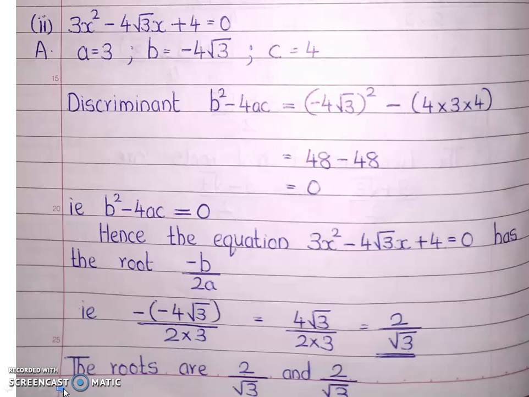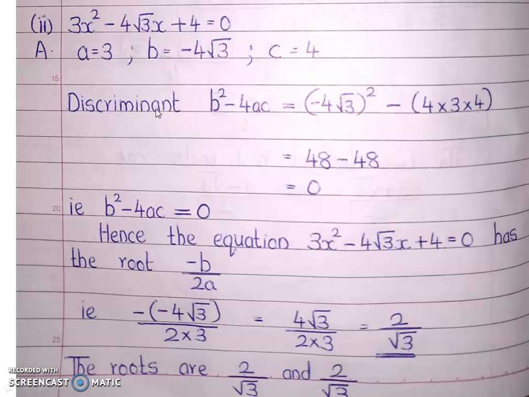Next question, 3x square minus 4 root 3x plus 4 equal to 0. As said before, the first thing you have to do is write what is A, B and C. Here A is 3, B is minus 4 root 3, C is 4.